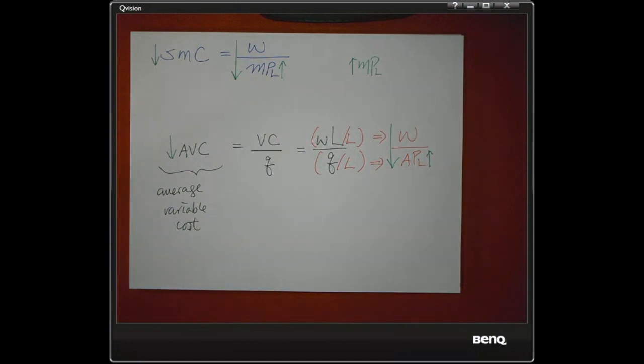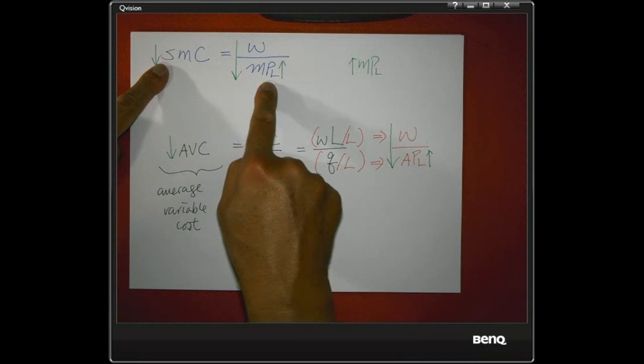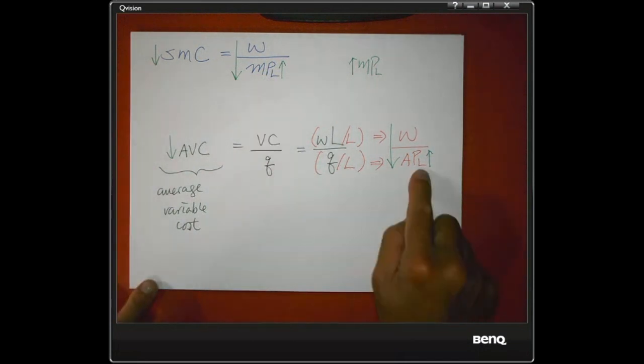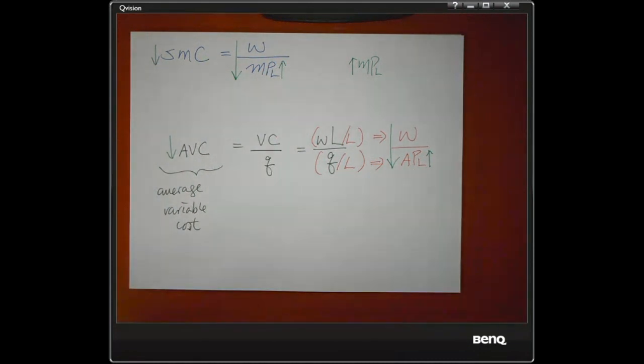Now we have what we need to connect the marginal product of labor to the short-run marginal cost, to connect the average product of labor to the average variable cost. Now we can plot them.